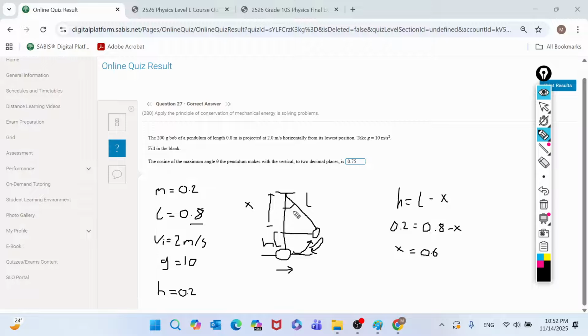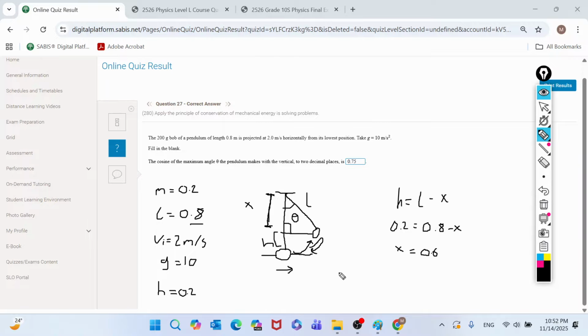Now guys, they want us to find the cosine of this angle theta. And this here, this is a right triangle. And we know that the cosine of an angle is the adjacent over the hypotenuse.